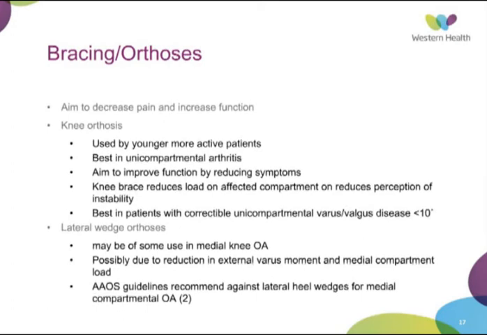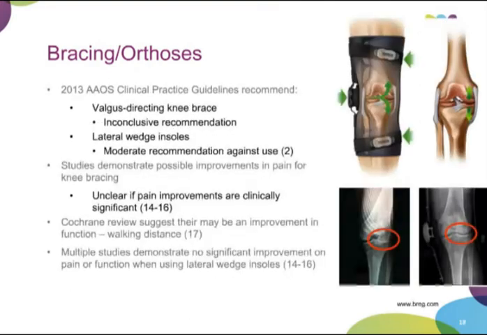In regards to lateral wedge orthoses, there have been multiple articles on this, and there's another one out this year, a systematic review, which shows that it has no benefit. So the lateral wedge in the shoe has no real benefit. This was the thought of the American Association: the knee splint is inconclusive, but there's a moderate recommendation not to use wedge insoles.